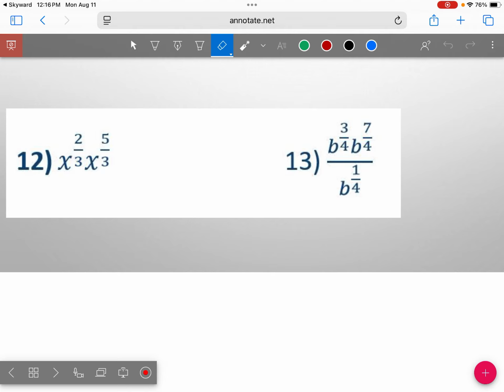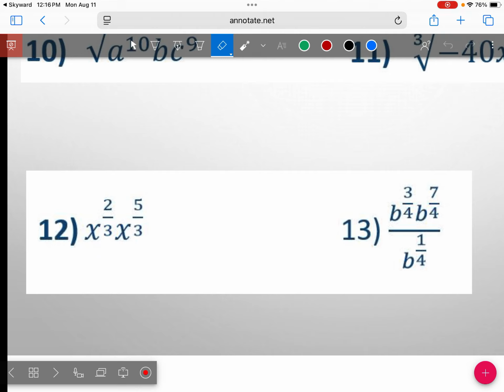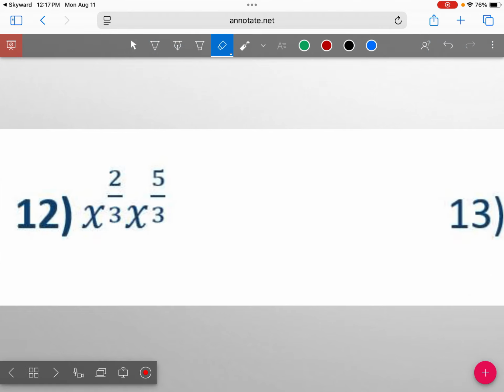Add them, because if you have exponents and they're being multiplied, for example, x squared times x to the power of 5 gives me x to the 7th. That's going back to algebra 1. So for this one, we are just adding, and because we have a common denominator, we can add them.